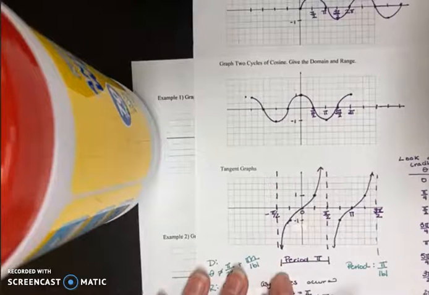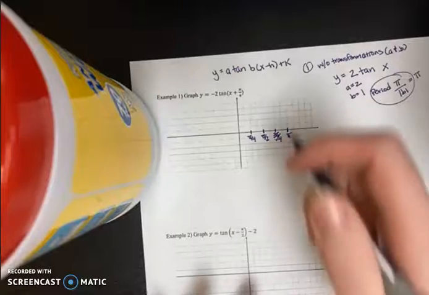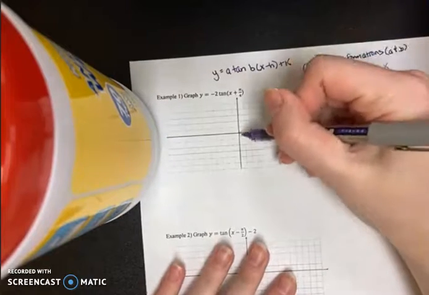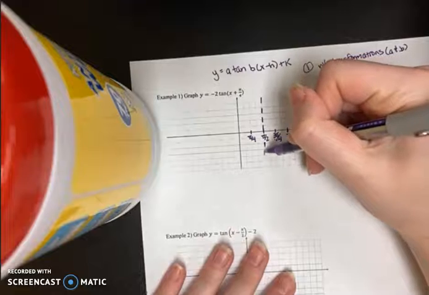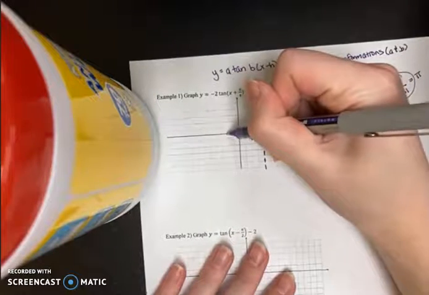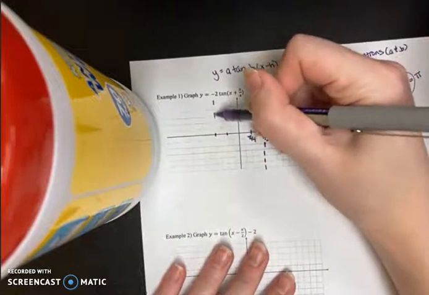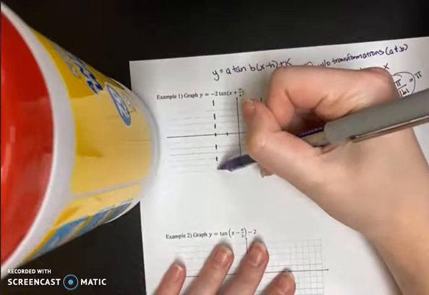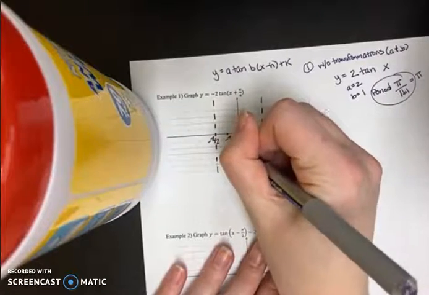So that means I'm going to have an asymptote here at half of the period length, and then I'm going to have an asymptote on the left-hand side at half of the period length. So this is negative pi over 2 and pi over 2.